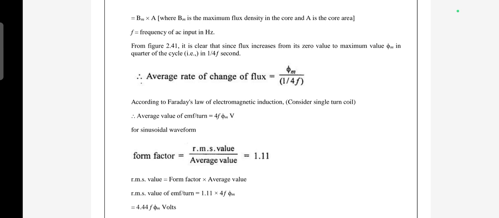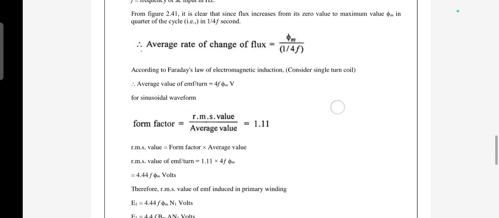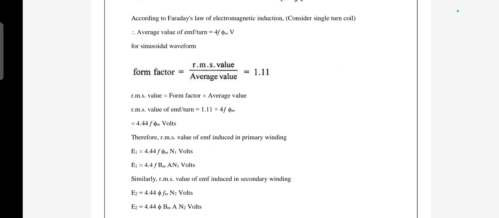For a sinusoidal waveform, the form factor, which is the RMS value divided by the average value, is equal to 1.11. So the RMS value is equal to form factor times average value. The RMS value of EMF per turn is 1.11 into 4F phi m.